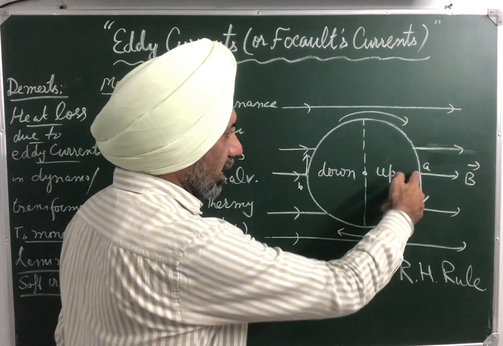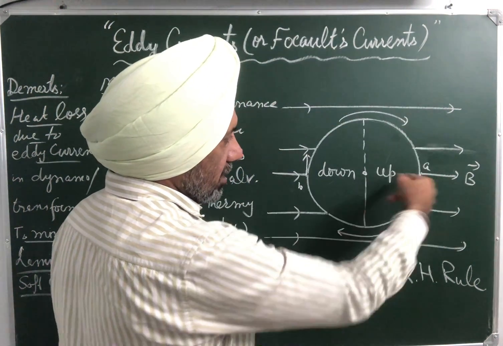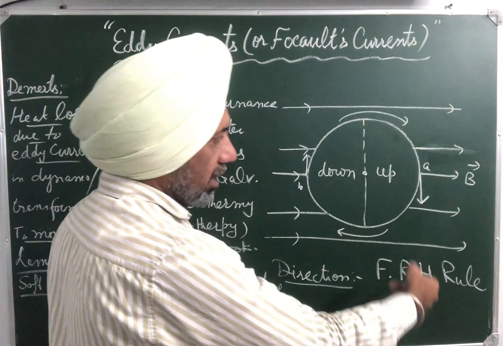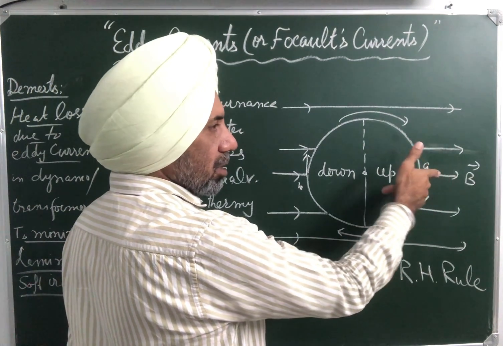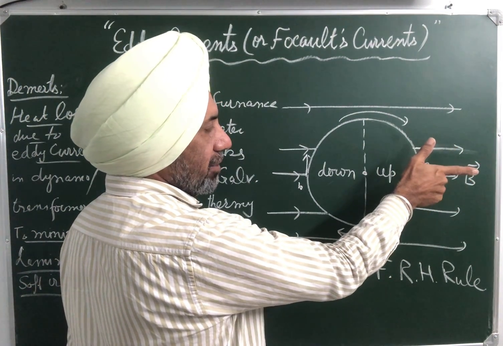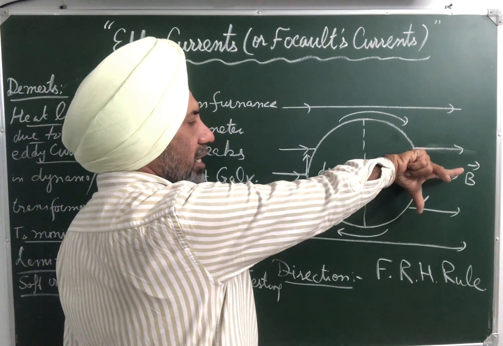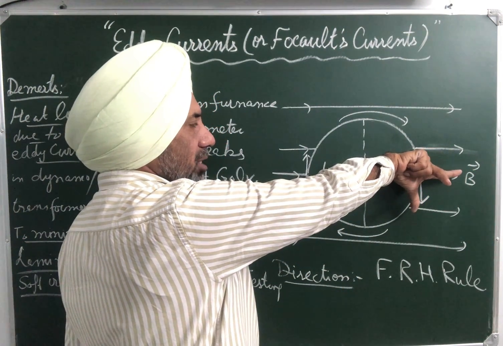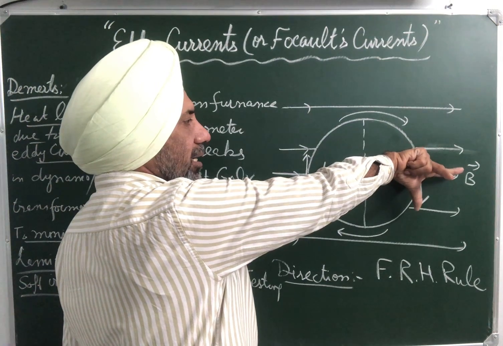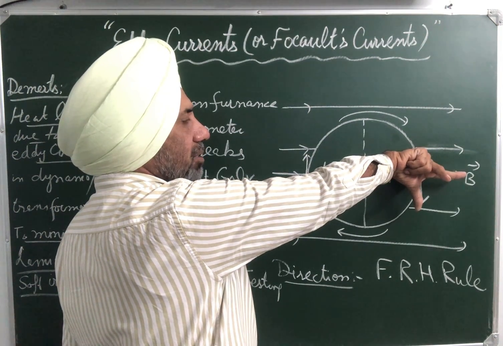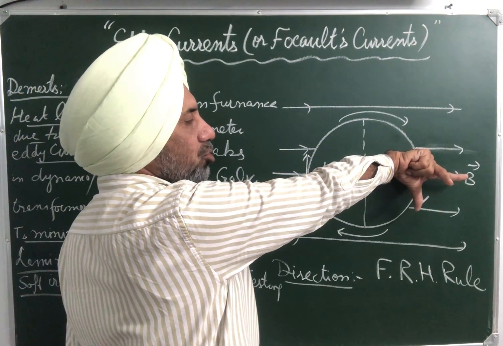Now what happens at point A? It is moving like this. So stretch the right hand, first finger towards the magnetic field, thumb gives the direction of motion at point A, then the central finger will give the direction of induced EMF.